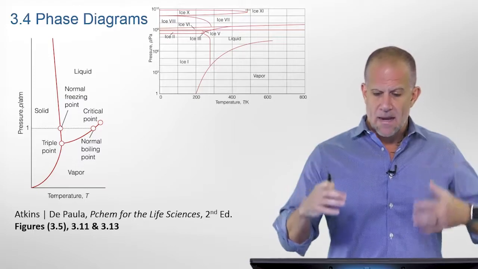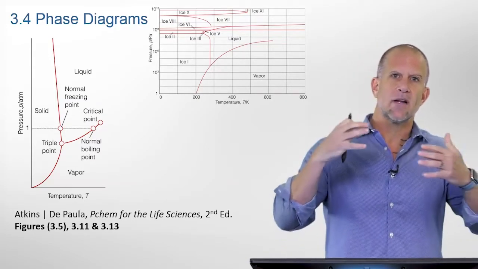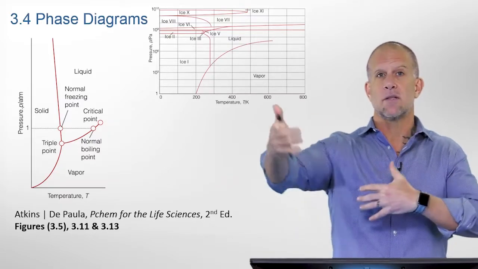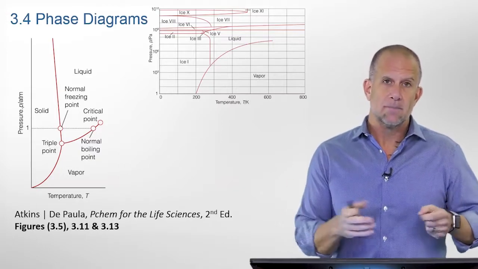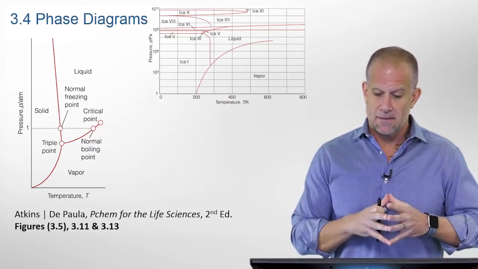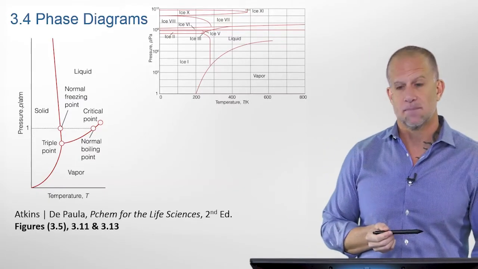And oftentimes the solid field between different polymorphs or crystalline phases of the same substance can occupy a large amount of phase space.